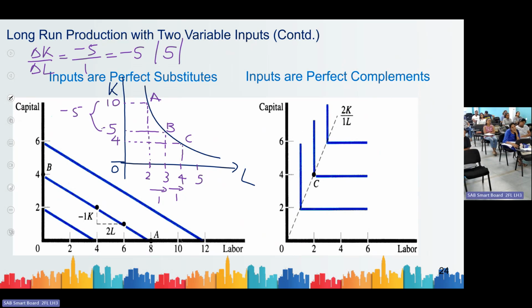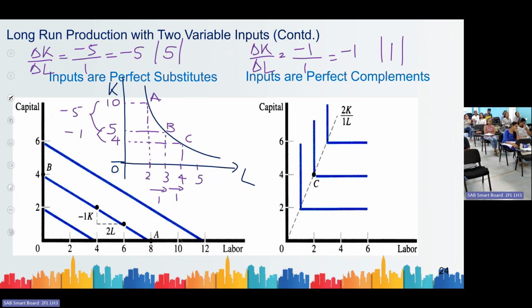Change in capital is -1, change in labor is 1. So from point B to C, change in capital over change in labor is -1 divided by 1, it's -1. So the marginal rate of technical substitution is 1.